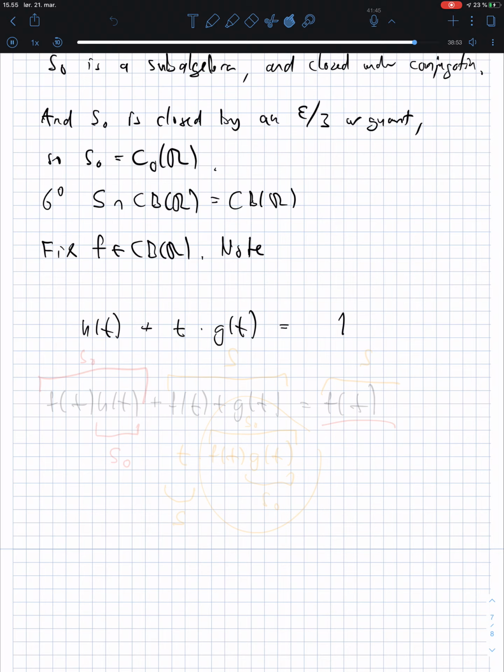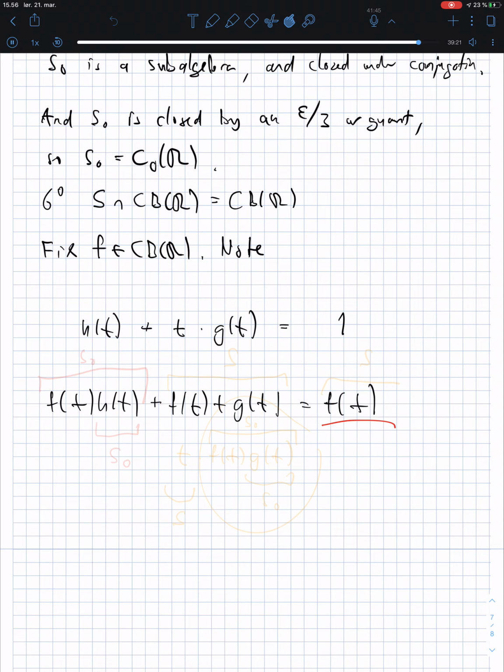So this we've already seen. So what happens now if we look at f of t times h of t plus f of t times g of t? This, of course, is f of t, right? And my aim is to prove that f of t lies in S.